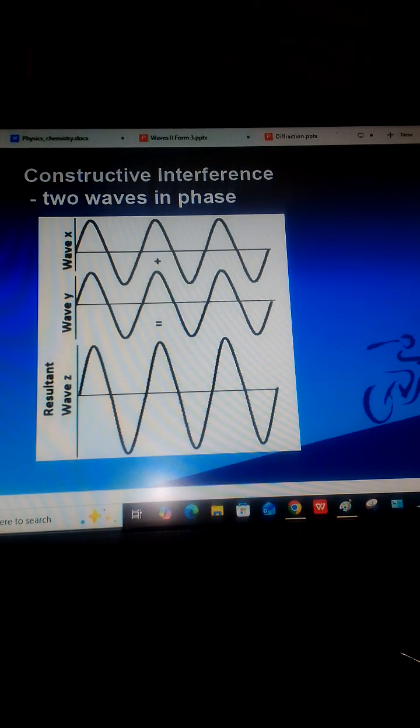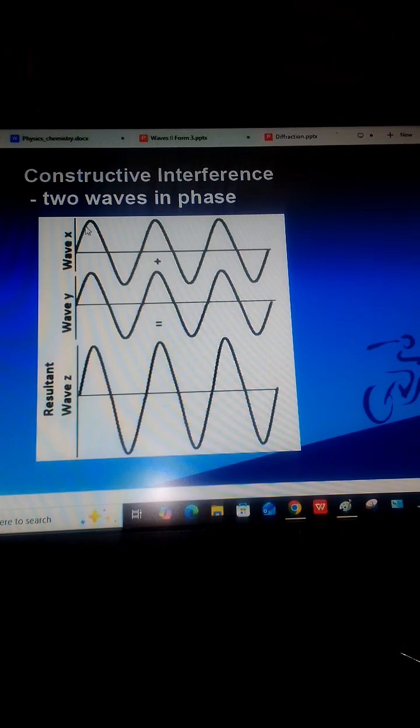We have what you call constructive interference. Constructive interference takes place when the two waves are in phase. All right? Like here we have wave X, this one here, and this wave Y. These two waves, they are in phase.